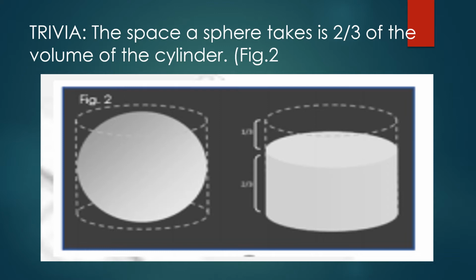So, kung ating hatiin ang cylinder, ang 2/3 ng cylinder, yun yung volume ng sphere. It takes 2/3 of the volume of the cylinder. So, yun po yung correction na dapat nating tandaan.